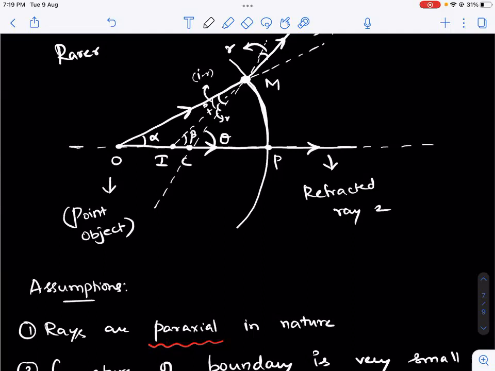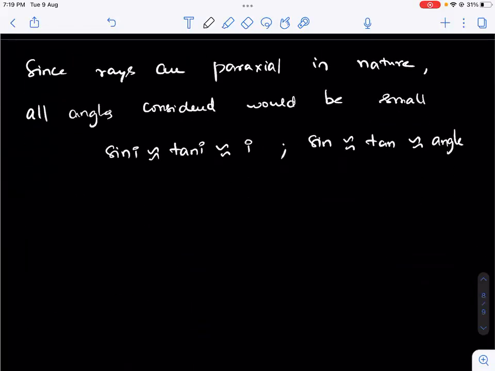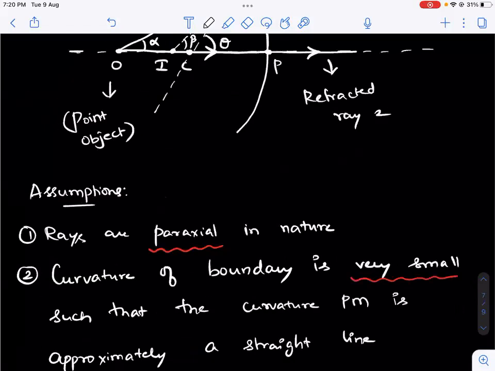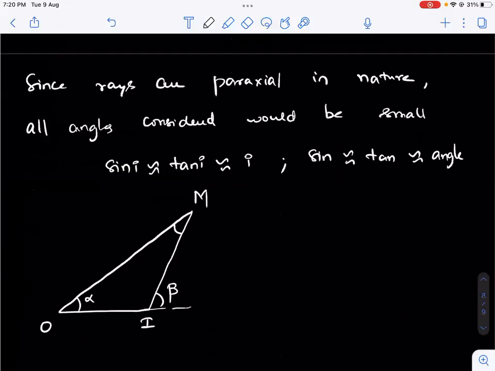I am able to observe the triangle OMI, where this angle is alpha, this angle is beta, and this angle is how much? Yes. This angle is I minus R.